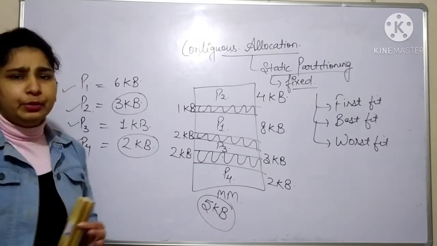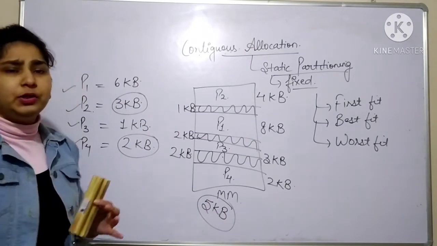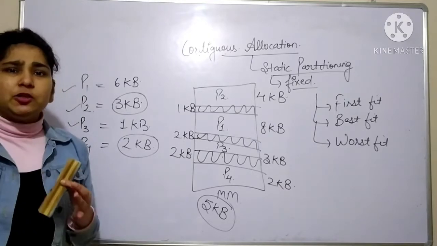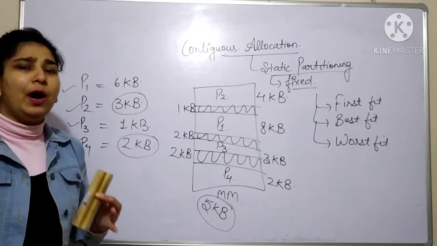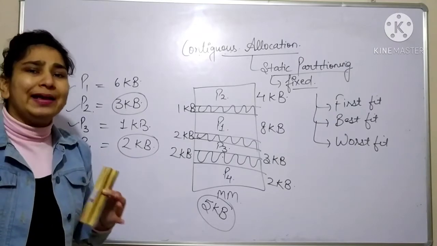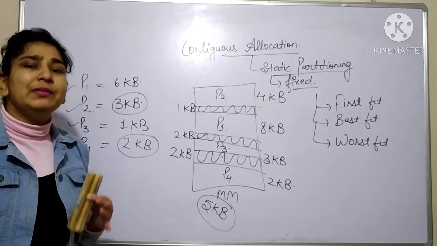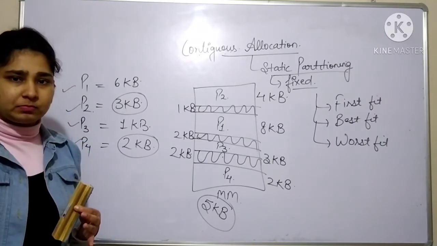We have to reduce the wastage of space. We don't want to waste our main memory space because each partition is going to store only one process. So you should choose wisely which algorithm is best for the maximum utilization of your space.